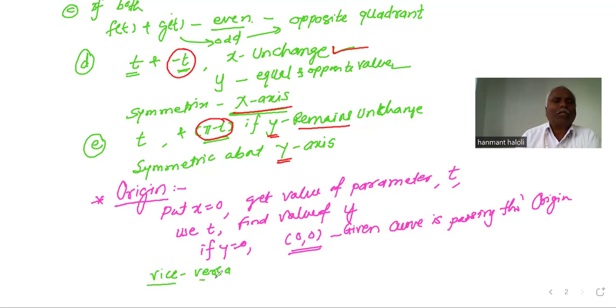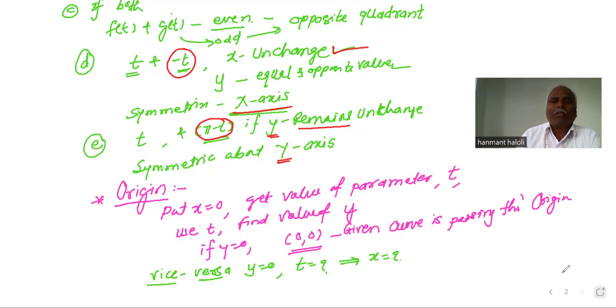Let's replace y equal to 0, find a t value, and use that t value, get value of x. That is one method to calculate whether the curve is passing through origin or not.